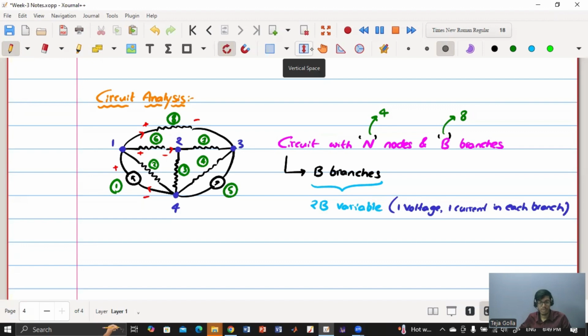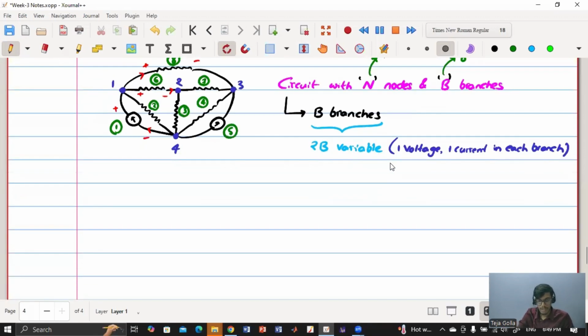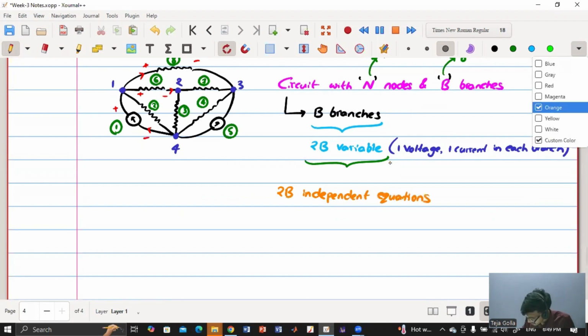Here there are 8 branches, which means I have to solve for 8 voltages and 8 currents. So we have to solve for 2b variables, which means we need 2b independent equations. k equations, k unknowns, right? Agree?